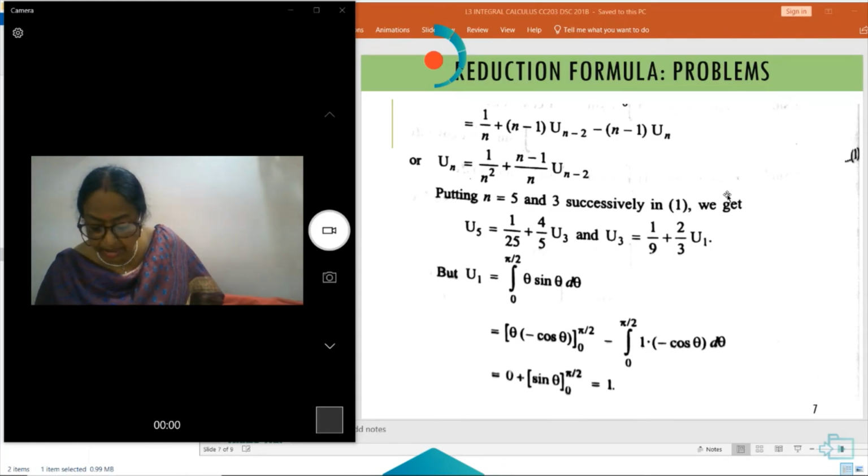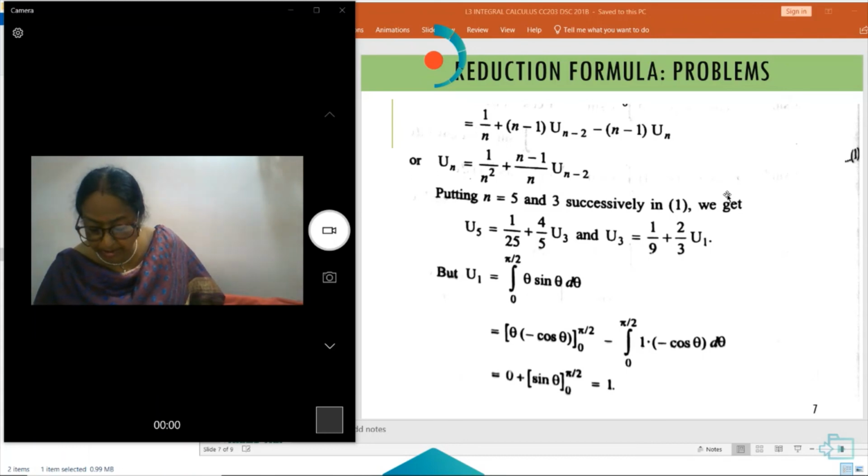Now putting n is equal to 5 and 3 successively, we get U5 is equal to 1 by 25 plus 4 by 5 into U3. Also U3, putting n equal to 3, we get U3 is equal to 1 by 9 plus 2 by 3 into U1.